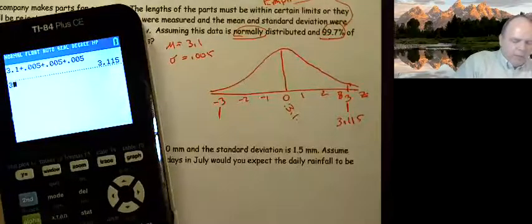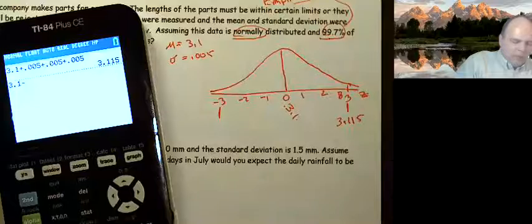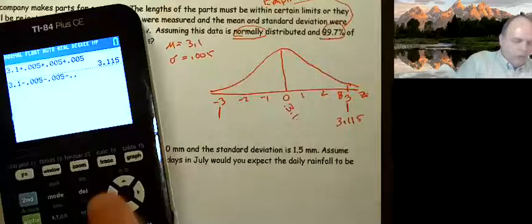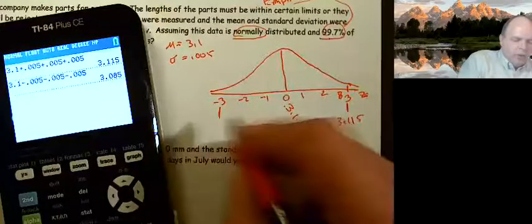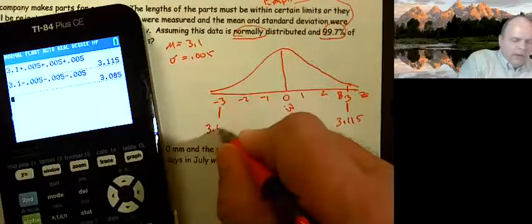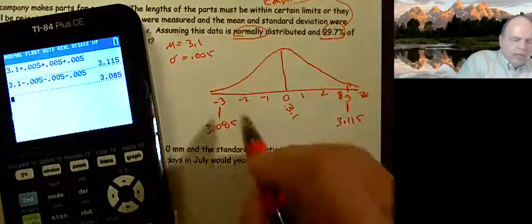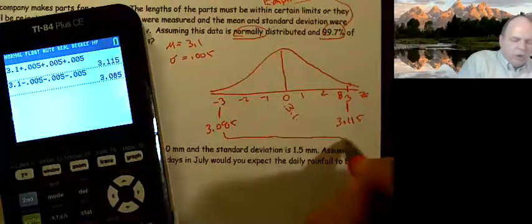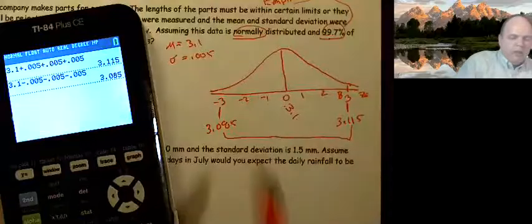My lower bound, 3.1 minus 0.005, minus 0.005, minus 0.005, and I get 3.085. So 99.7% of the parts lie between these two values.